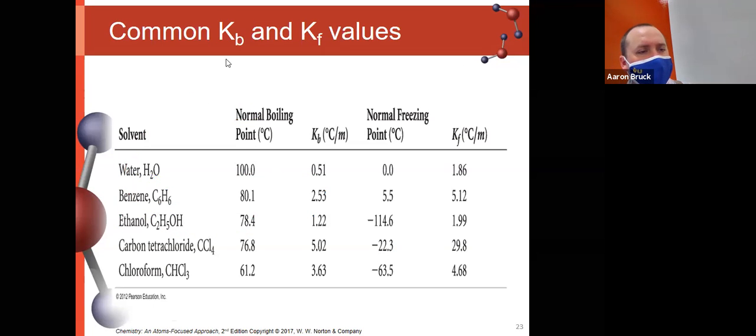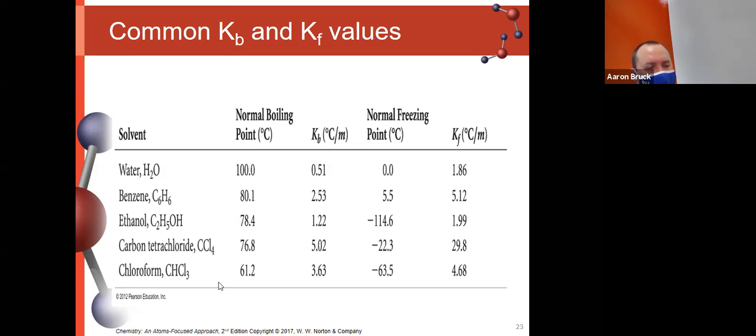Here are some common values for the constants. Now, the values of the constants themselves, you can see there is a direct tie to intermolecular forces. Substances that have stronger intermolecular forces do tend to have lower values of Kb and Kf relative to things that are weaker in their intermolecular force.